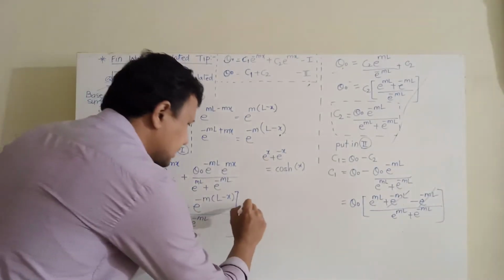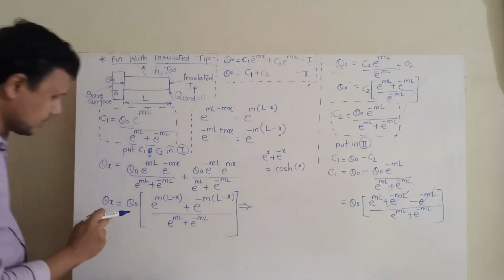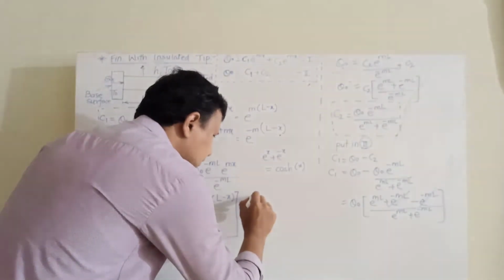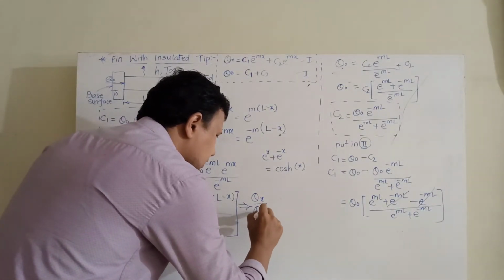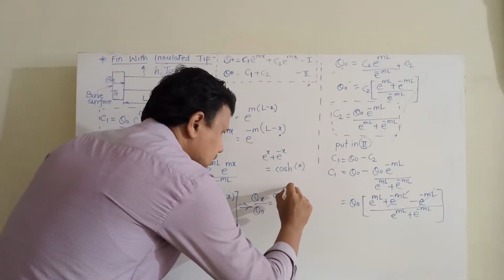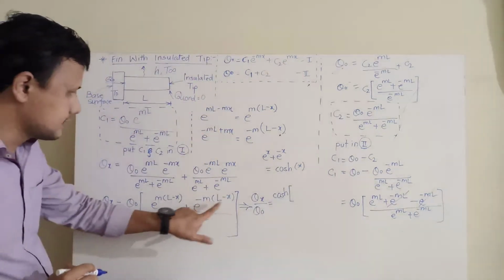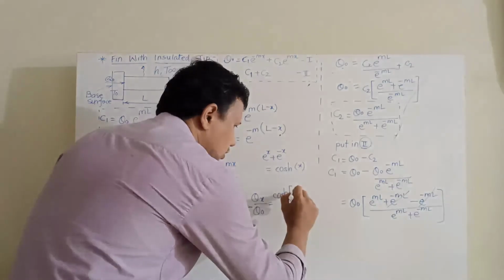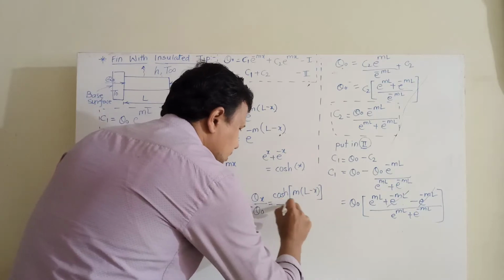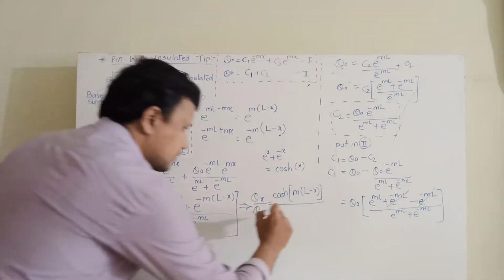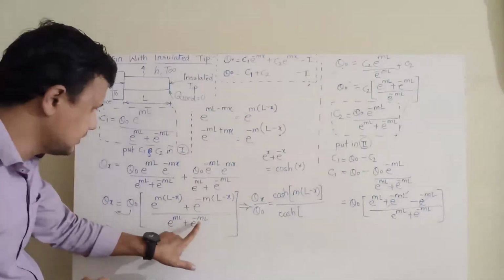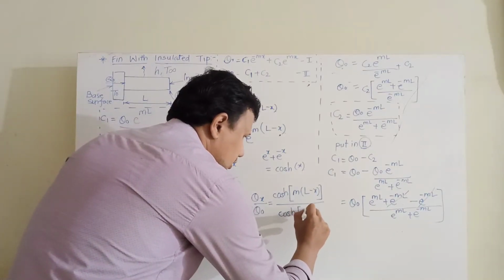So ultimately, we can write that, and also I will take this theta 0 in the denominator of this theta x. So ultimately we have theta x upon theta 0 is equal to hyperbolic cos of m into (L minus x) divided by hyperbolic cos of mL.